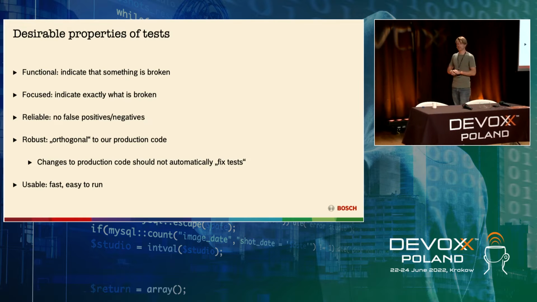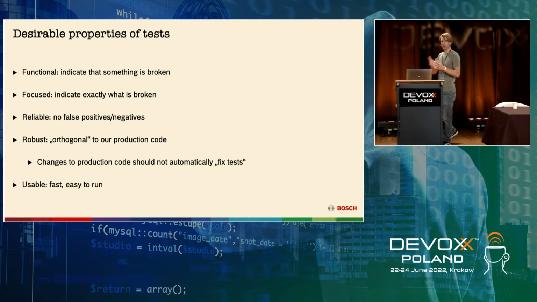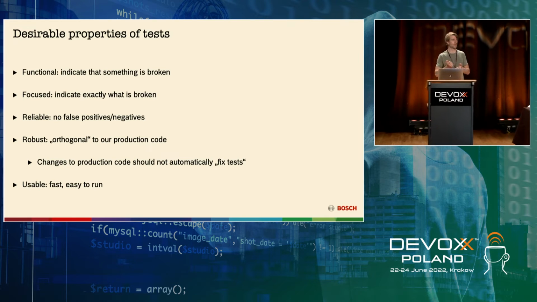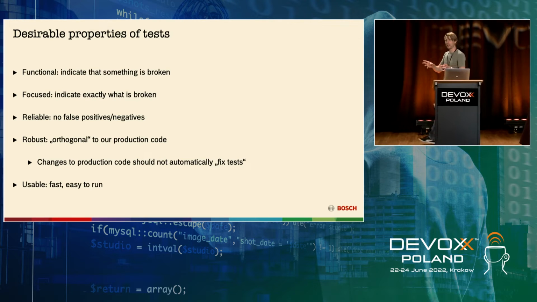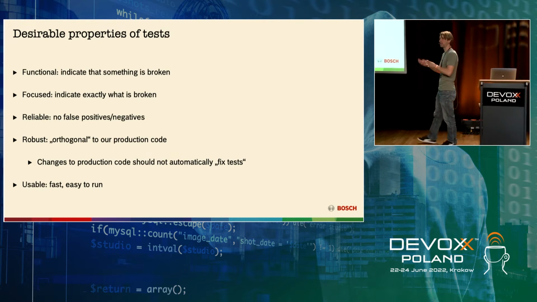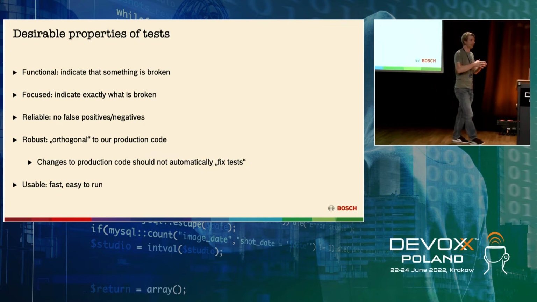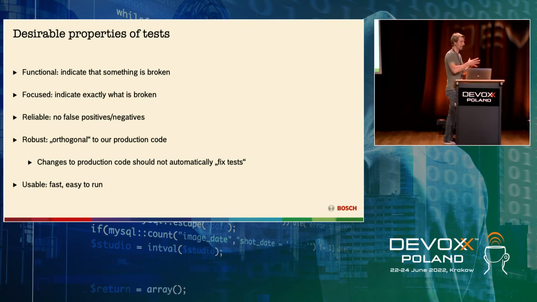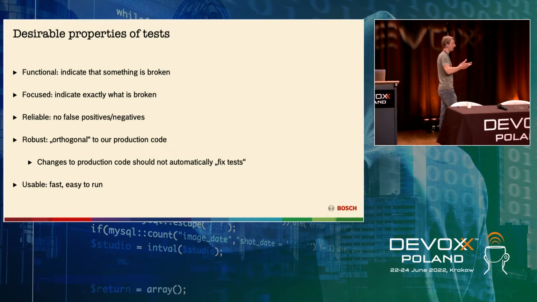Then we also want them to be robust. So we want them somehow orthogonal to our production code. With that, I mean they should be kind of separate. So we don't want to change our test suite when we change our production code, because then we lose that requirement specification basically.